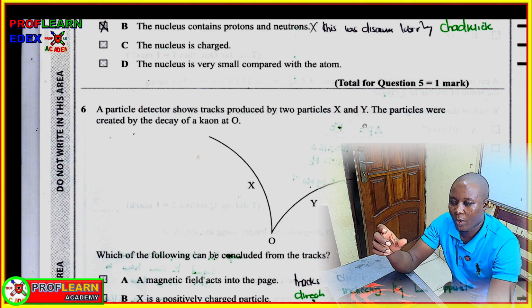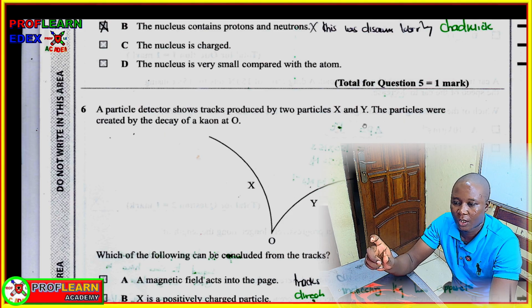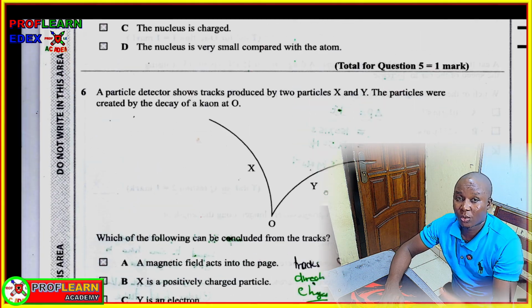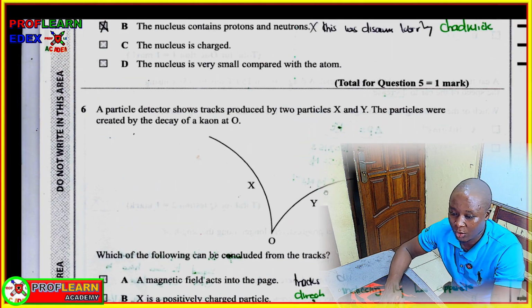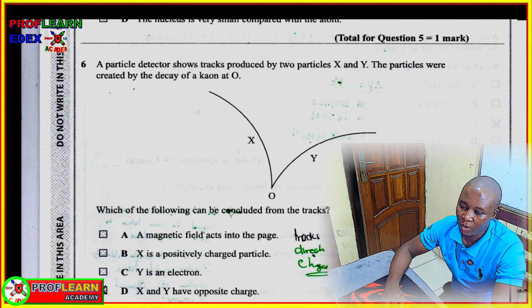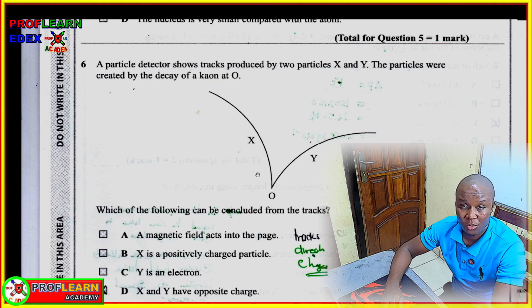When you look at the radius of curvature, the radius of the track, you realize that this one has a smaller track. In that way, we can also say something about the strength of the charge. Which of the following can be concluded from the tracks? The magnetic field acting into the page, we cannot conclude that based on the tracks.